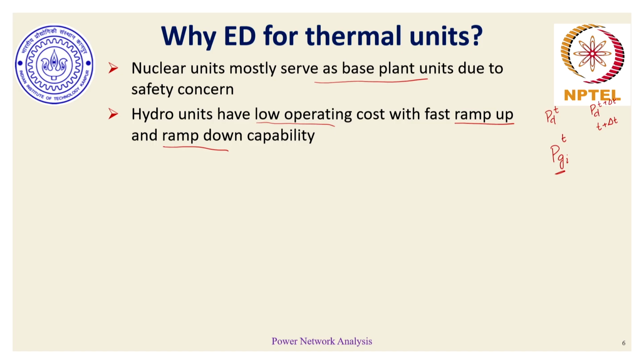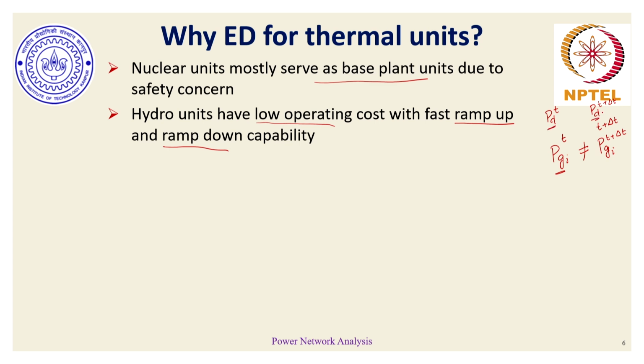The load could have increased, could have decreased. Since total generation has to follow the demand in the entire system, it is expected that the generation of the ith unit at T plus delta T might be different from the generation at time instant T in order to maintain the balance of load at the different time instances.